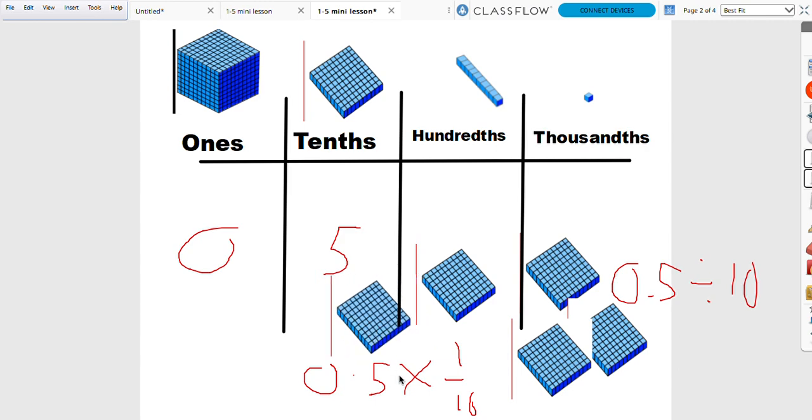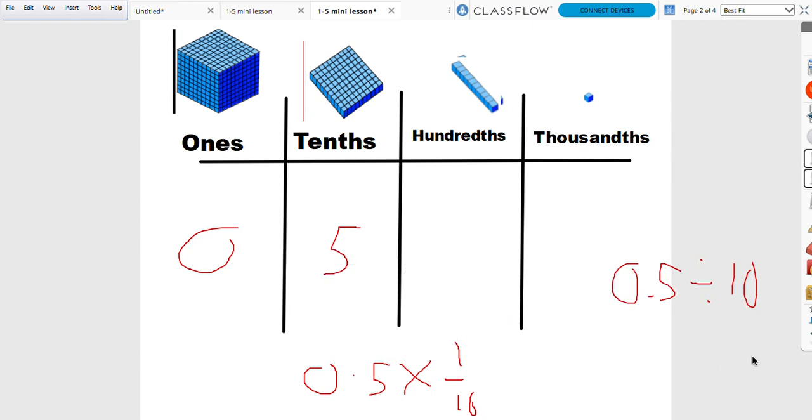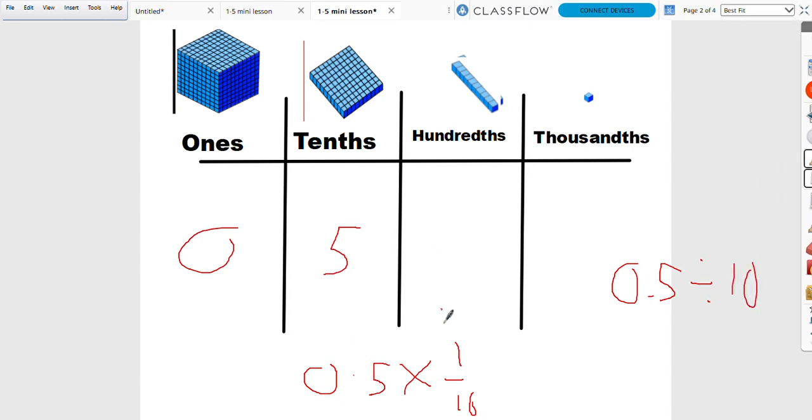Well, if you did that, you would have 50 of these hundredths, correct? So when you multiply that by 1/10, you're really saying that you have 0.05 or 5 of those hundredths.